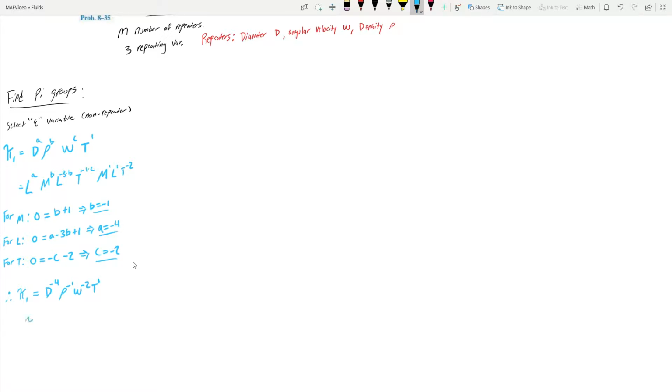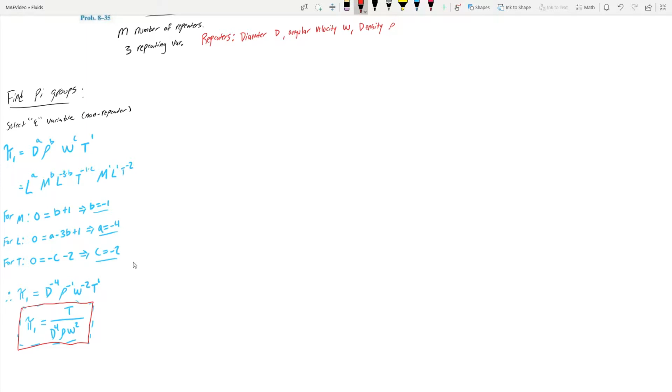And then from here we can clean it up a little. So we'll have thrust divided by d to the 4th rho omega squared. So that's going to be our first pi group. And if you want, you can go ahead and check the units, and it should come out to be unitless.